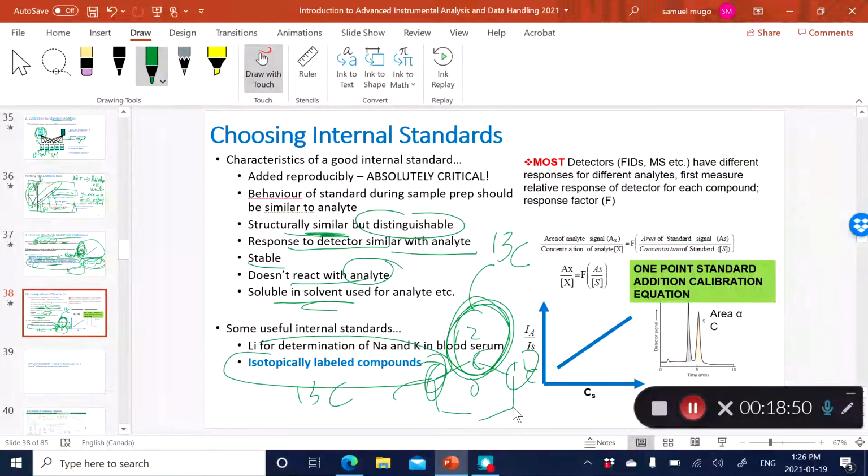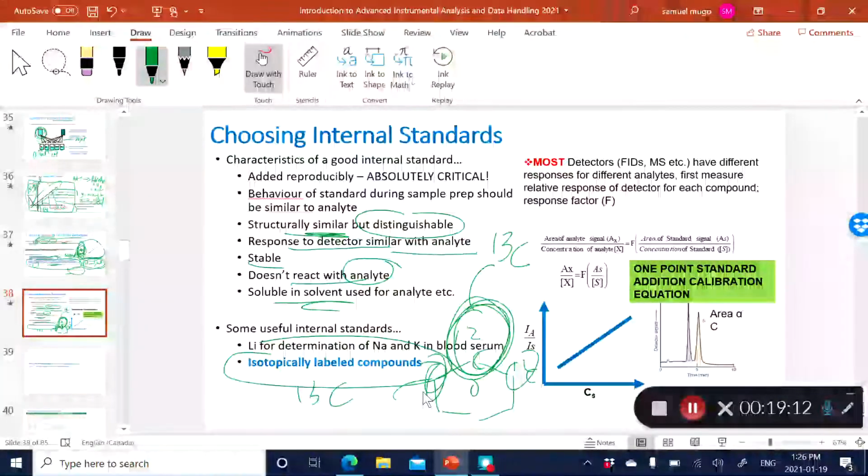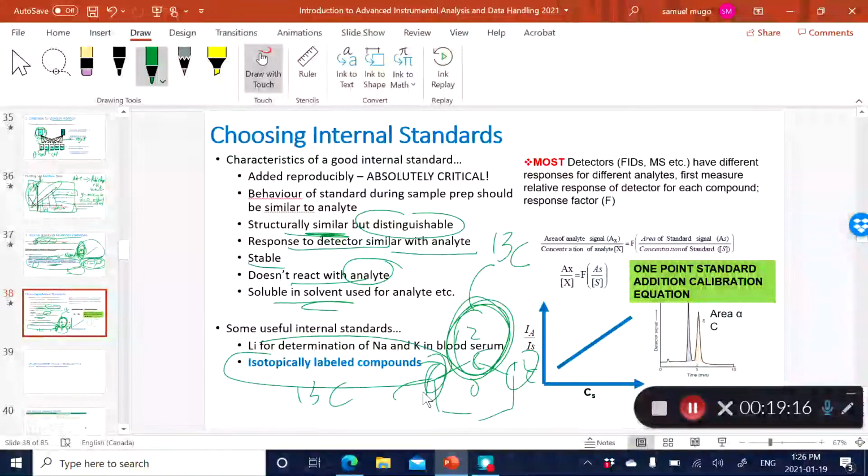Meaning, of course, the molecular weight of the heavy benzene is going to be the internal standard. So it's very similar to what you do in the NMR, where you use deuterated solvents, and deuterated solvents really are nothing but an enriched isotope of whatever compound you are looking for.